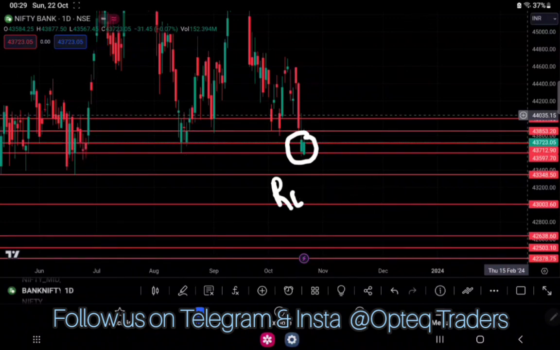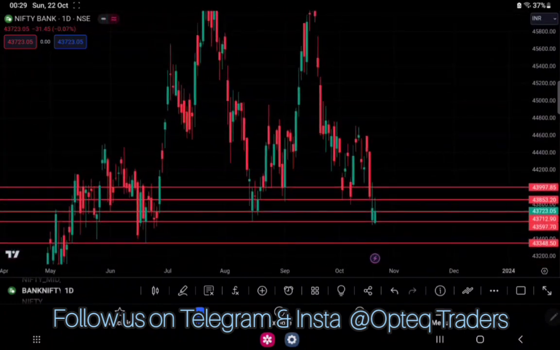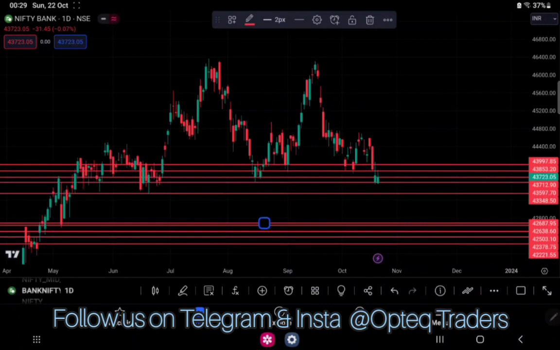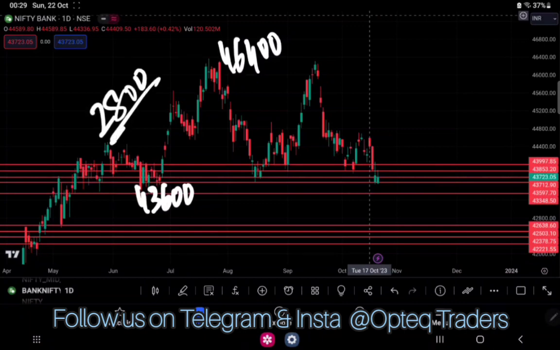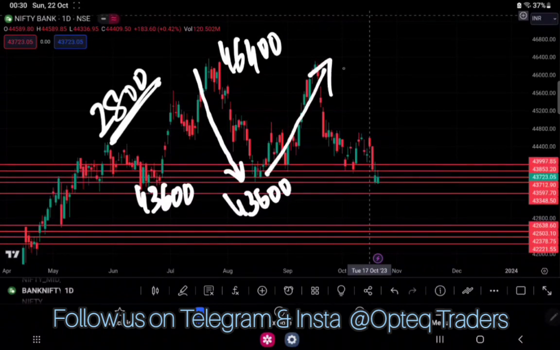Because if you see, when the market went from 43,600 to 46,400, which is close to about 2,800 points movement, and then when it corrected, it took support at this level at 43,600 again, and then again it bounced back, and then in this correction it has again tested this level.